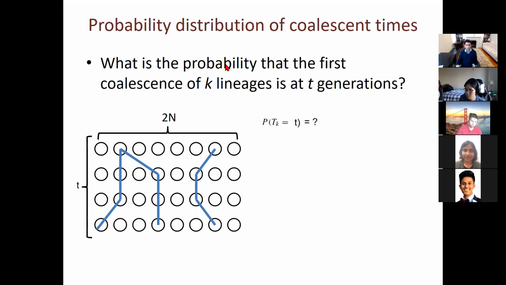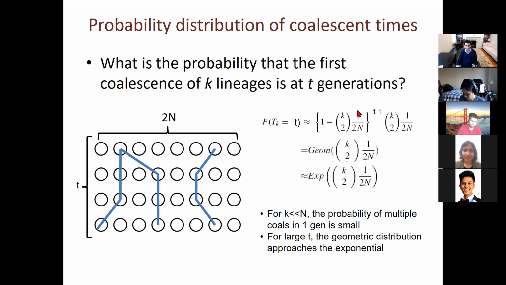So we can ask, what is the probability that the first coalescence of K lineages happens after T generations? That's basically using that property that we saw before, depending on the number of lineages and the number of individuals in the population, and then you run that after T minus 1 generations. And that's nothing more than the geometric function of K choose 2 times 1 over 2n, which can be approximated by an exponential function.